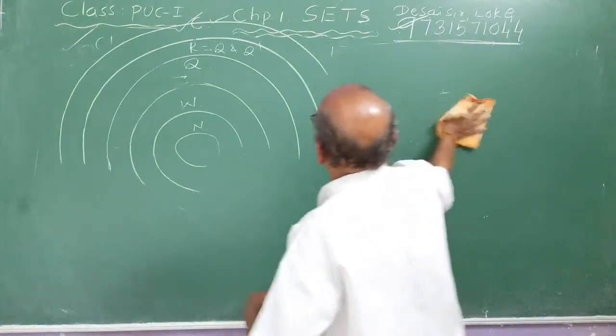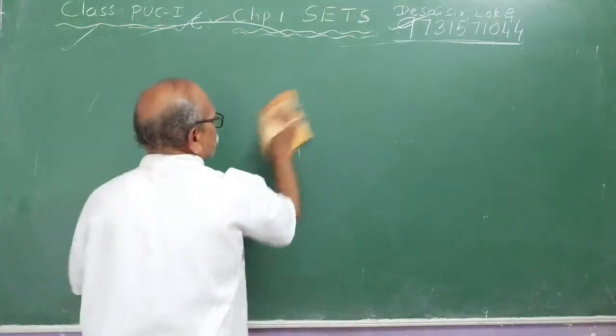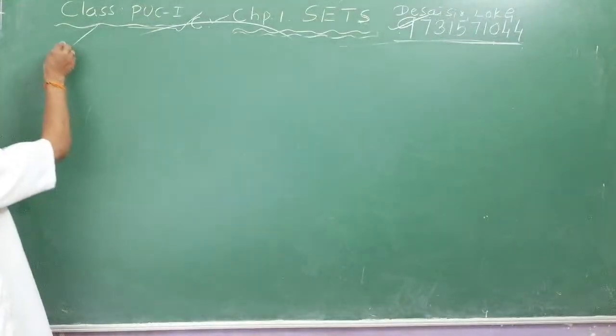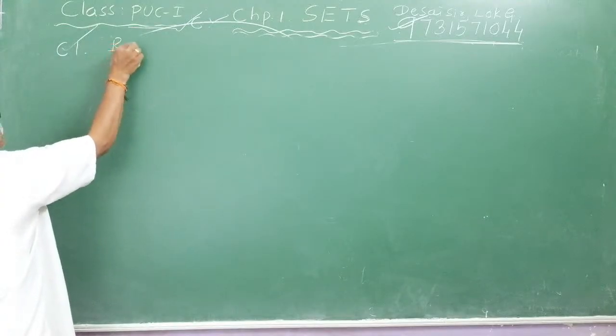What you studied is what is a set. What is the summary of all we studied so far? We studied the definition of a set, the first part, the introduction, and the representation of the set.